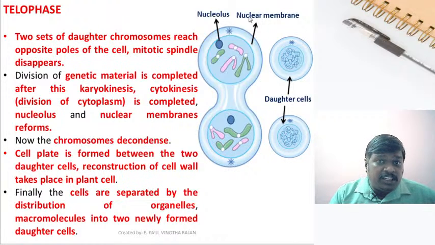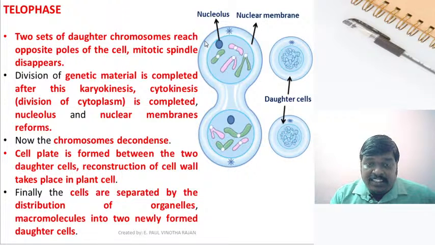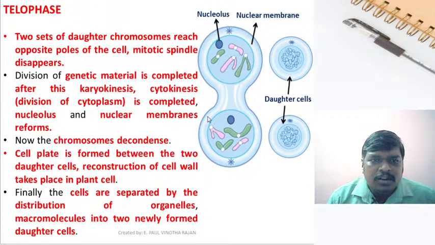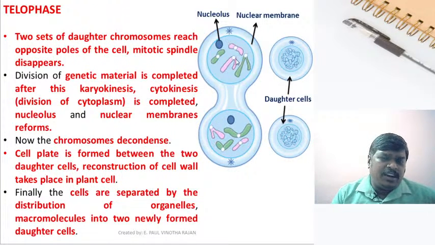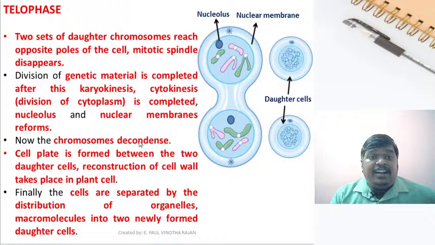So at the end of the telophase, the genetic material is completely separated. That is, the karyokinesis process is over. Now we can see that the division of cytoplasm starts. During this process, what will happen? The chromatin, which was condensed like this, will decondense and become chromatin threads.